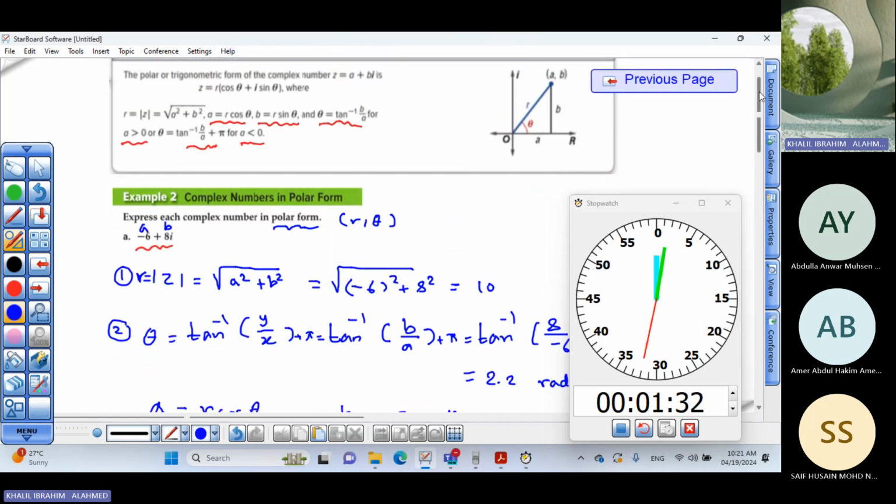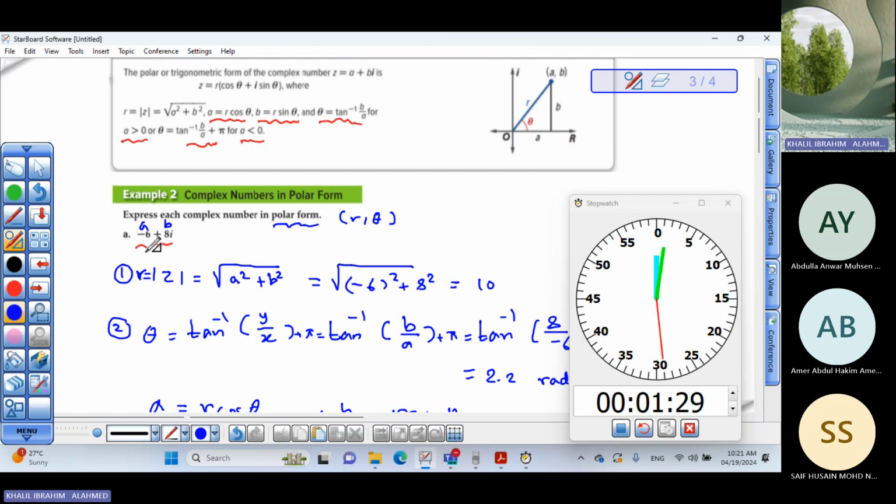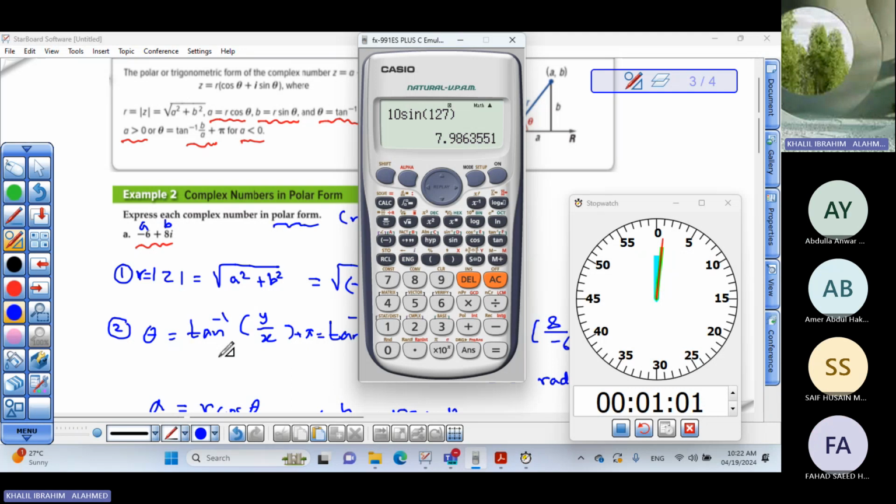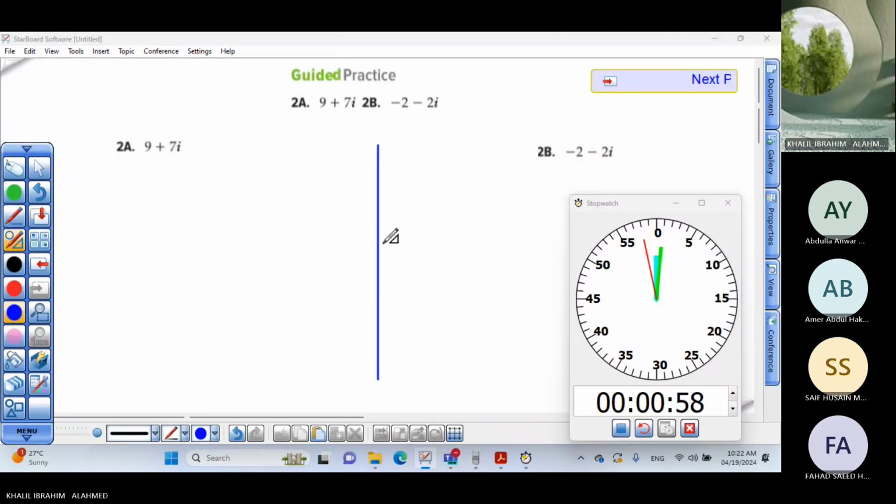And 10 sine 127 should give 8, approximately 7.9, approximately 8. That means it's right. This is a good idea to check whether your work is right or wrong.